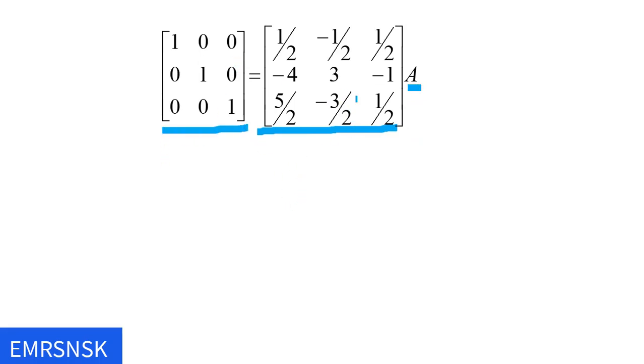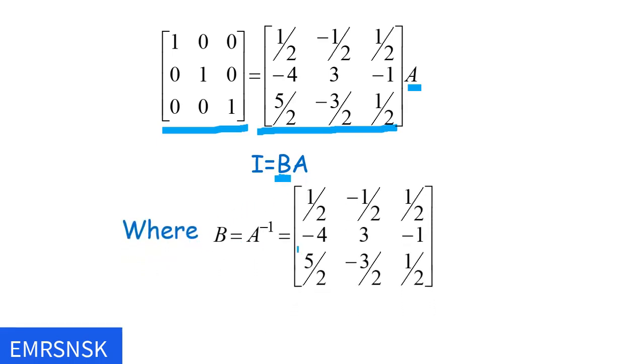That means both are inverses of each other. So I will write this as I is equal to BA, and both are inverses of each other. That means B is the inverse of matrix A.